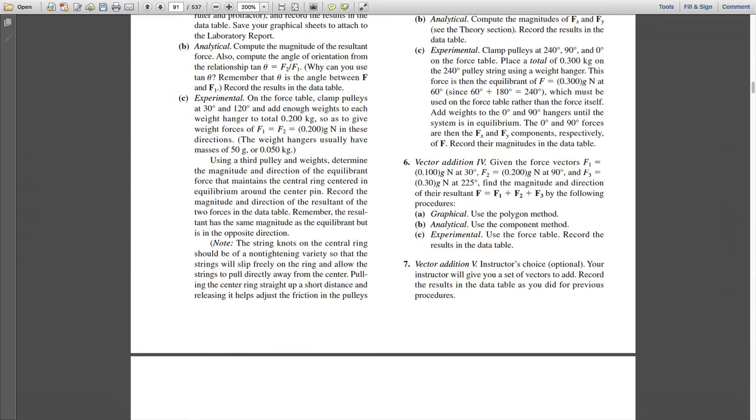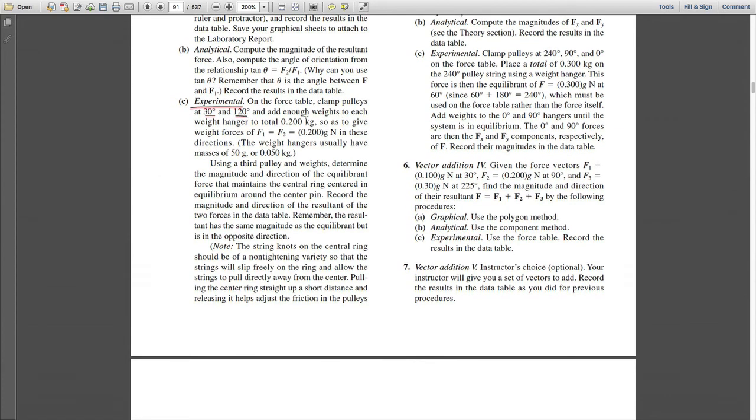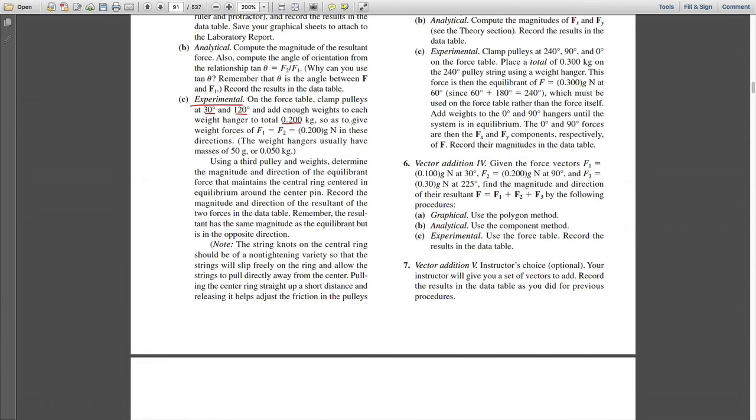In the experimental step here, when you reach here, it's going to tell you this: on the force table, clamp four pulleys at 30 degrees and 120 degrees, and attach enough weights to each hanger to total 0.2 kilogram, so as to give weight forces, force 1 and force 2.